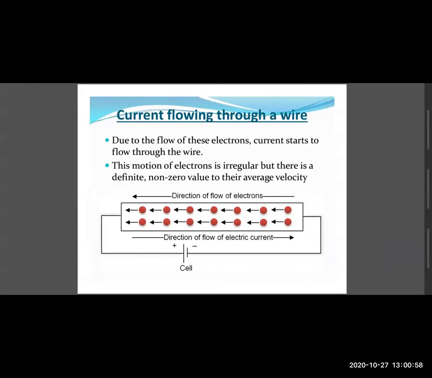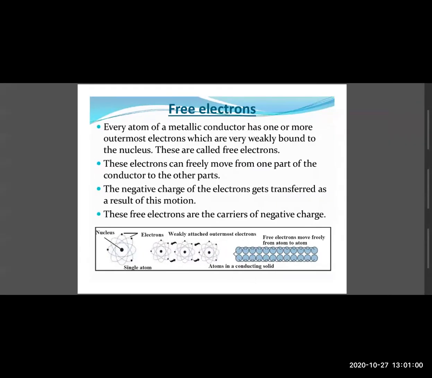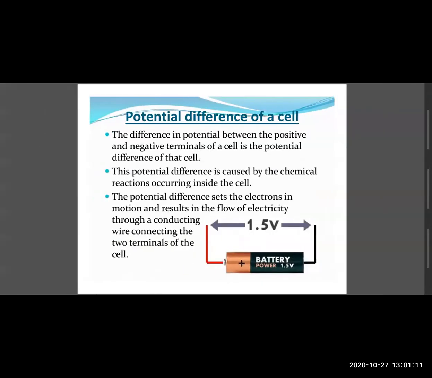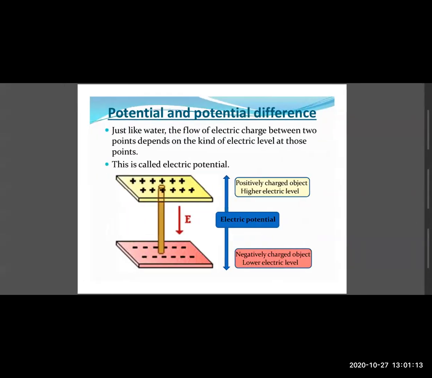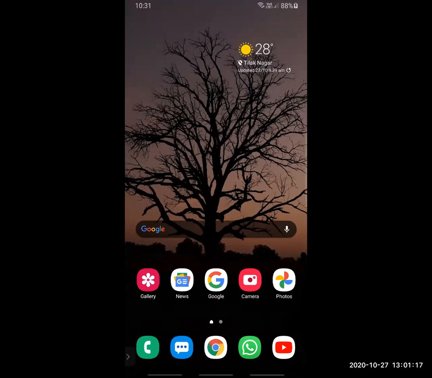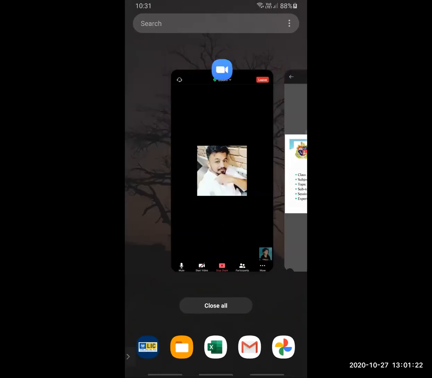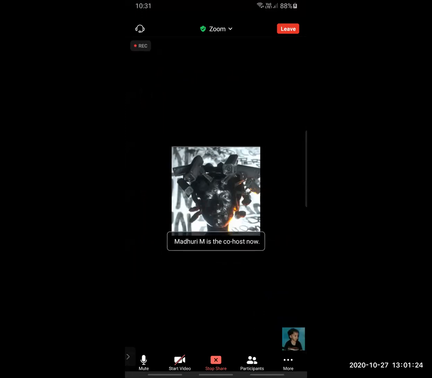Next is the definition of free electrons, exactly what free electrons are. Then students should prepare the definition of potential difference, the mathematical form, and the unit of potential difference. That is how we will conclude the class for today, and in the next class we will study Ohm's law and various other concepts relating to electricity.